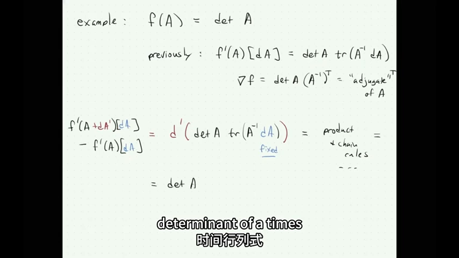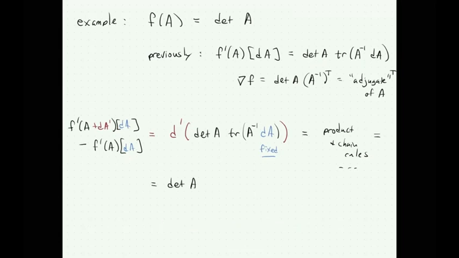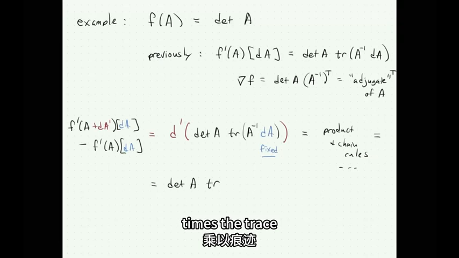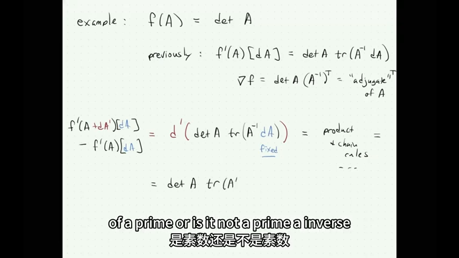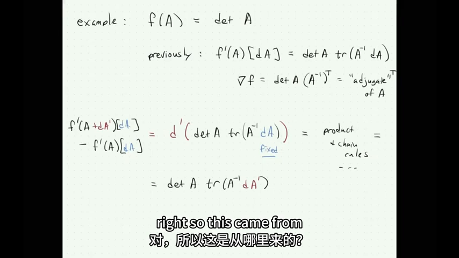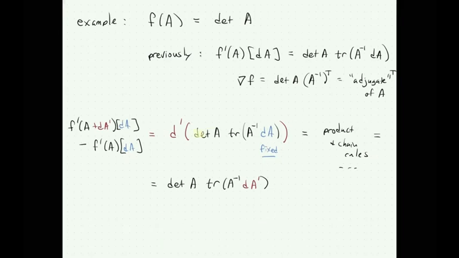So the first term is the determinant of A times, so the D of the determinant is the determinant of A times the trace of A inverse dA primed. Right? So this came from that term, right?